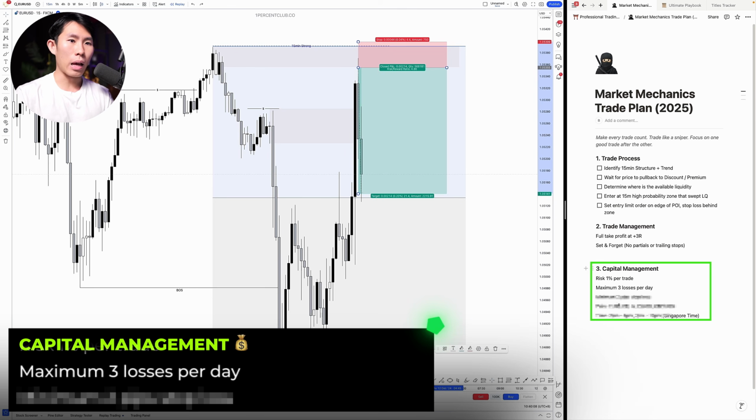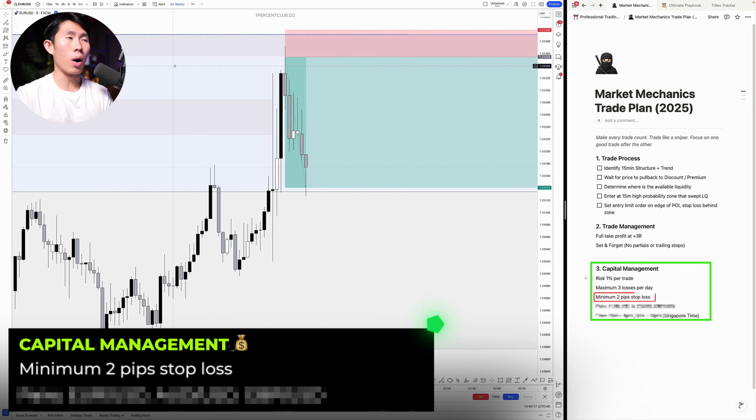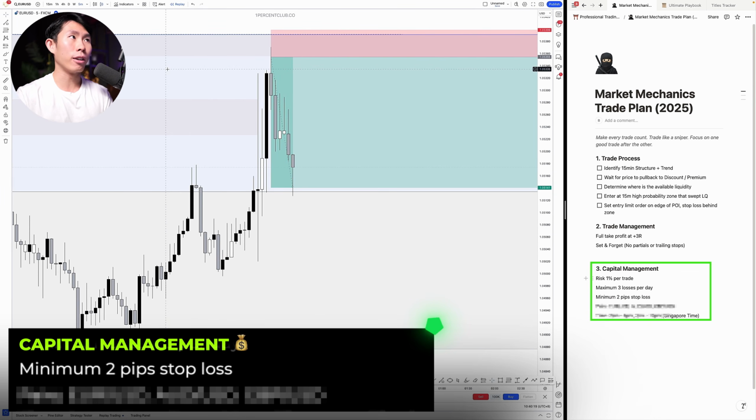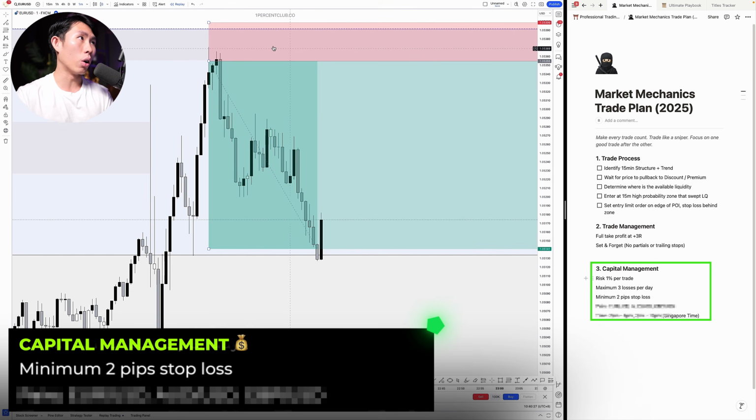Now, I also have a rule that says that my stop loss has to be minimum 2 pips, right? So it cannot be less than 2 pips. The reason being, when you are scalping, when you are participating in high frequency trades, you're entering on the lower time frames, and that is where you can have this insane stop loss. Like for example, right here, if I entered on a 1 minute time frame, I place my stop loss like this, right?